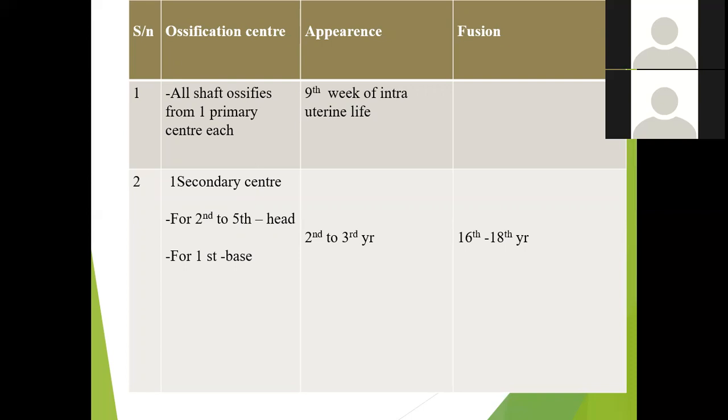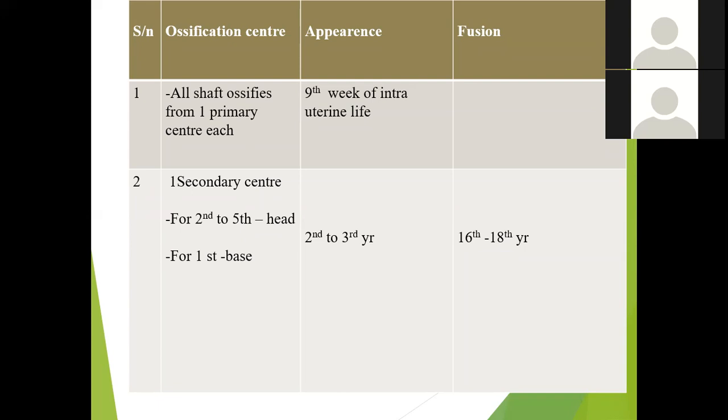So there are 5 metacarpal bones. All shafts ossify from one primary center each, and the ossification points appear in the 9th week of intrauterine life. Now we are coming to the secondary center. Again, all 5 bones have one secondary center.